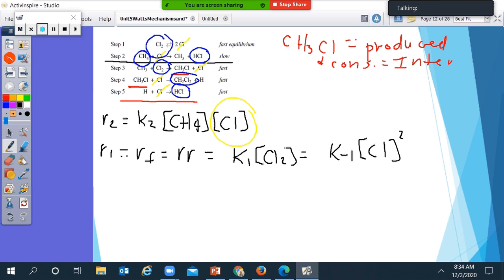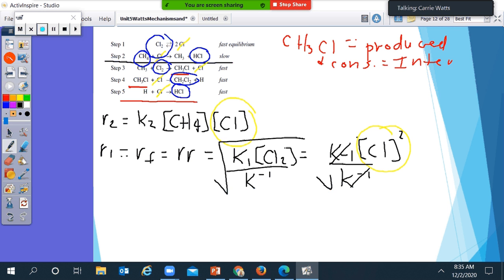Now, I've got to substitute for Cl, not Cl squared. So the first thing I'm going to do is divide by K negative 1 over here, and that gets rid of this. And then I'm going to take the square root of both sides.